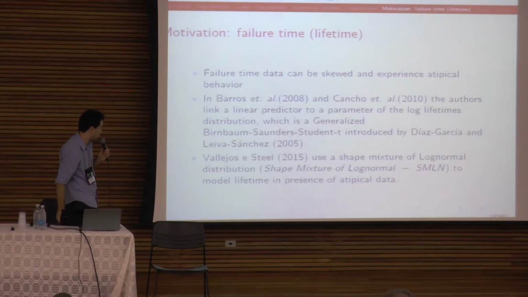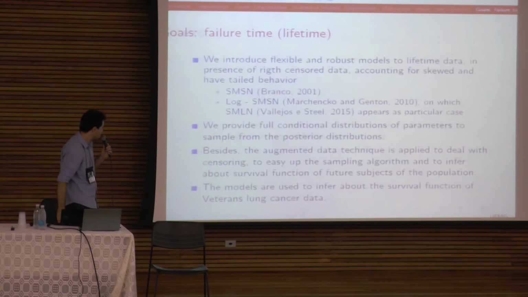She uses a shape mixture of Skew log normal. We'll make a log scale mixture of Skew normal distribution that contains a shape mixture of Skew normal distribution. So we introduced these models accounting for heavy tail and skewness behavior.